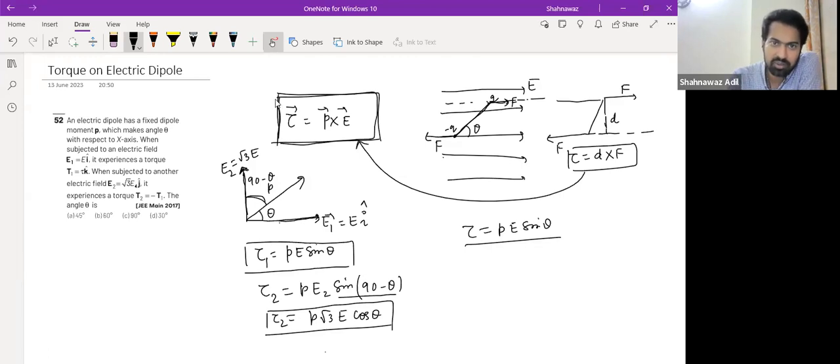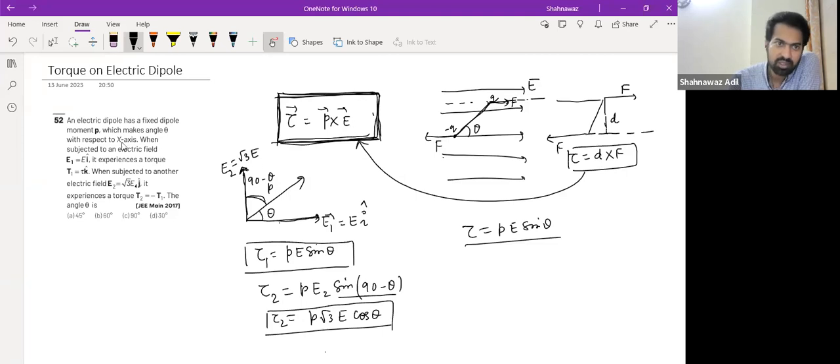And this is equal to P cross E. You learned this in your CBSE course; Amna ma'am has taught you this, right, Faiza? Yes. So this torque comes out to be P cross E when placed in an external electric field.